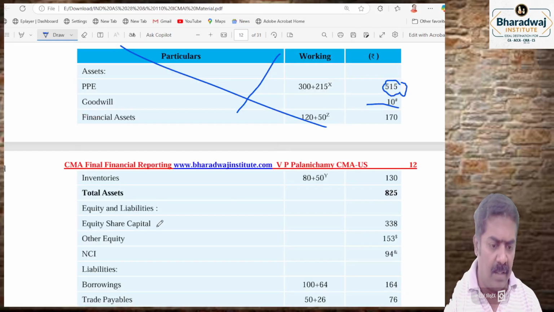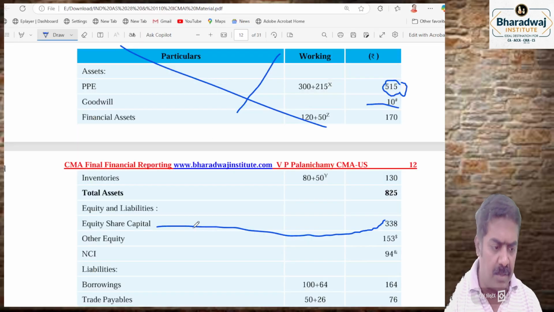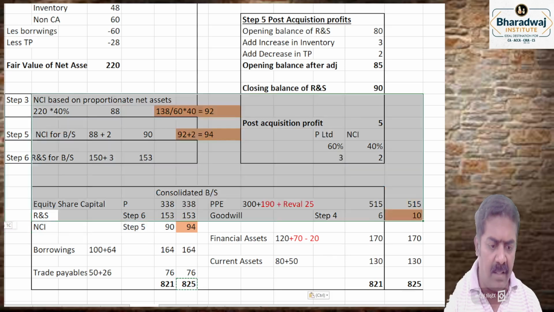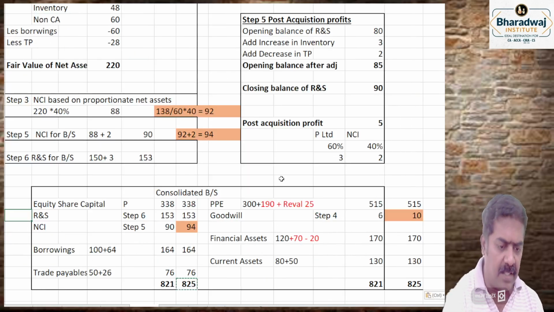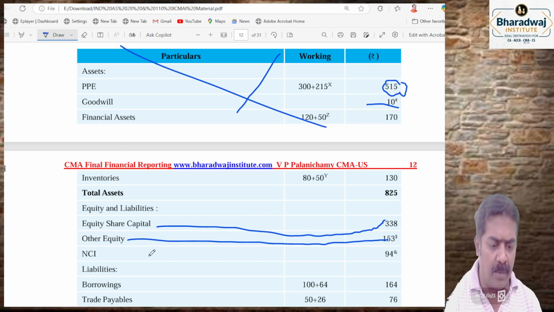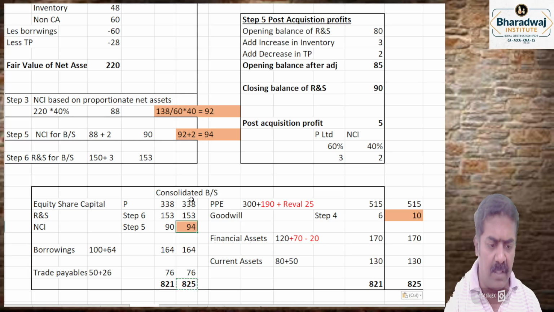Same. Equity share capital 338. Same. Reserves and surplus 153. NCI, they in proportionate net assets 90. If it is fair value method, it will become what? 94. NCI value is how much? 94 they have given. Nothing but fair value method. Borrowings same. Trade payable same.